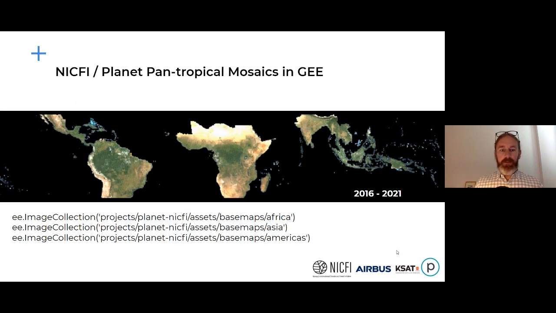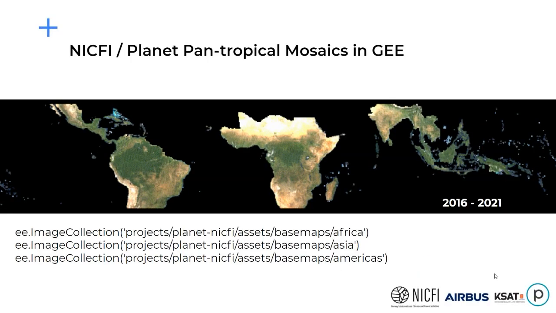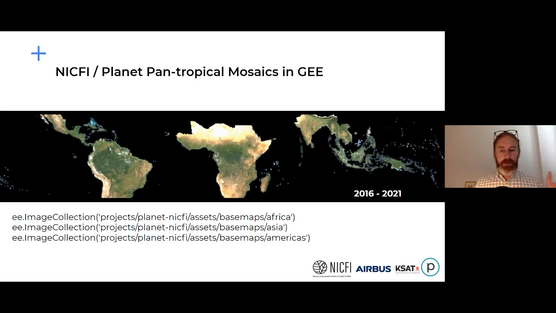This is just an example of how the data look when they're set out across the entire Pantropics in their natural color, animated by a monthly time step, or by the time step available with the basemaps. They behave just like normal image collections, just like Landsat, Sentinel-2, and other image collections. They natively come in 3 separate regions: the Africa region, the Asia region, and the Americas region.